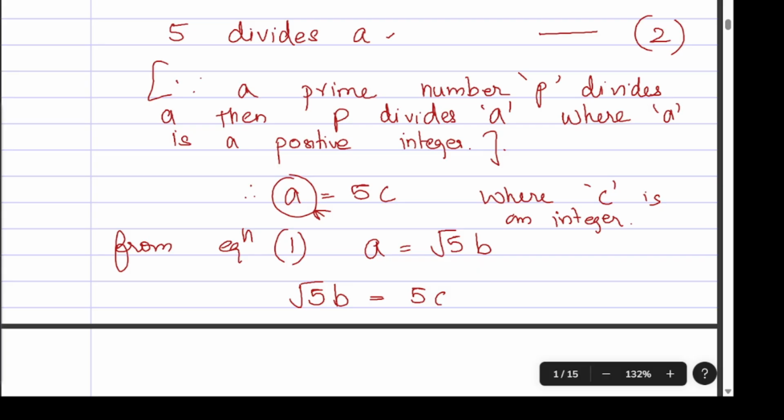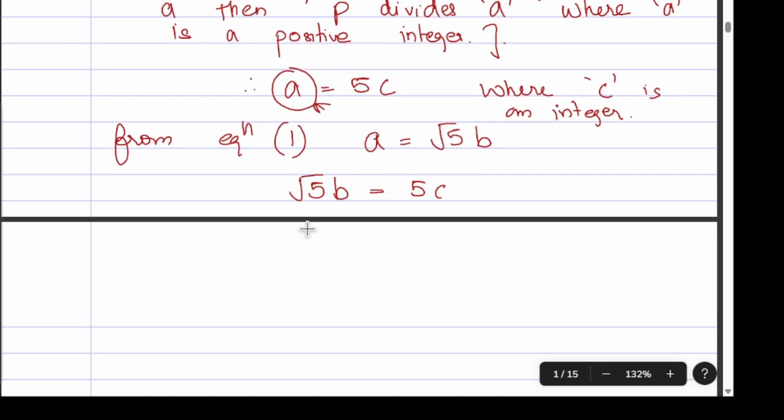Then I'm going to square them both. That is, 5 b square is equal to 25 c square. On squaring, my equation became 5 b square is equal to 25 c square.